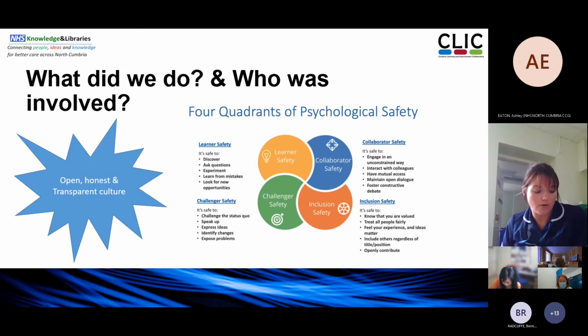Within that project group, it consisted of our Associate Director of Nursing, a quality matron, our e-roster team, senior clinicians and some ICC managers. Being part of that project team myself as a senior clinician was really helpful and effective as part of that early adopter site, because it made us experts within the field of eCommunity.